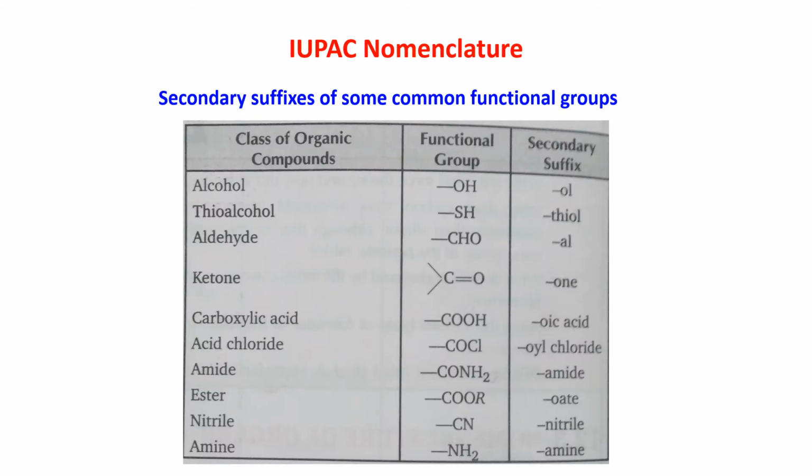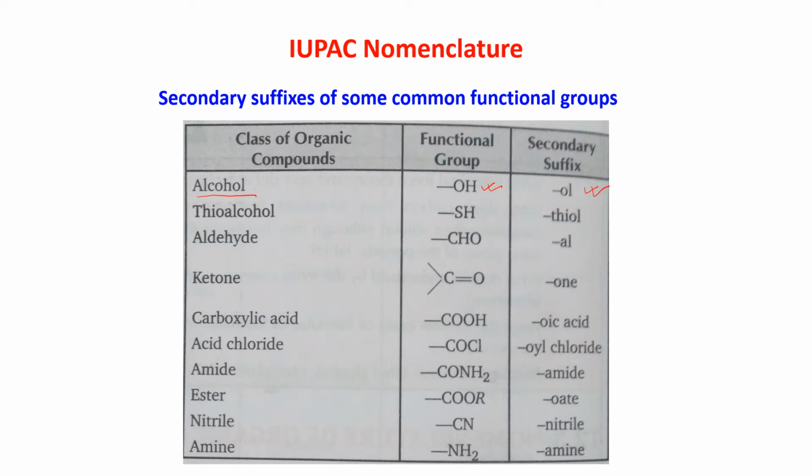Secondary suffixes of some common functional groups. If the organic compound contains one alcohol group, the functional group is OH, and the secondary suffix will be written as ol. The chain will end with ol, okay, ethanol, propanol, like that.